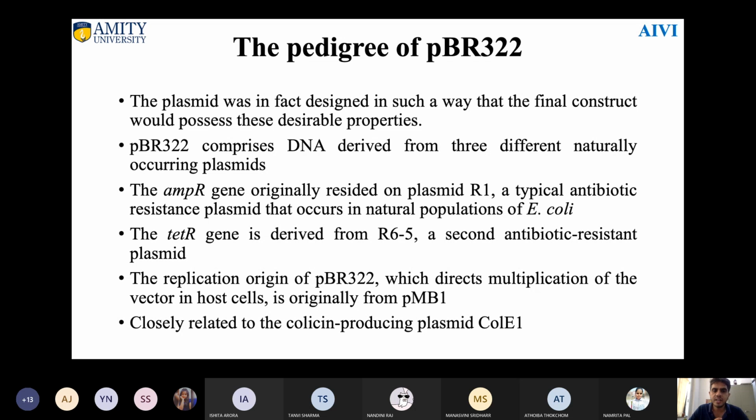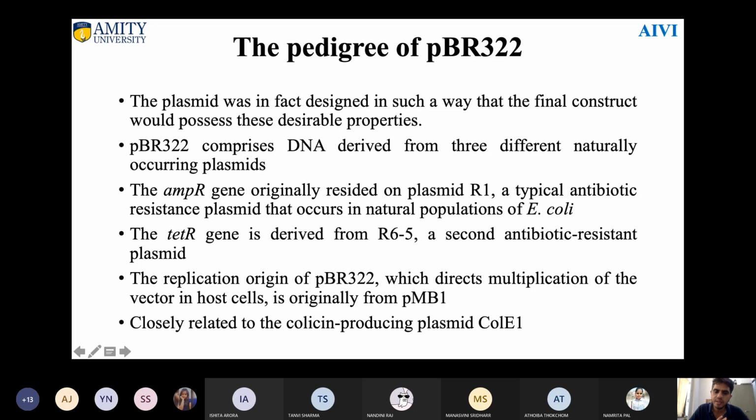Second is the tetracycline resistance. This gene is derived from another plasmid, named R65. It is a second antibiotic resistance plasmid, and it is also naturally occurring. Now the third part of your vector is the origin of replication. The origin of replication of pBR322 is derived from pMB1.